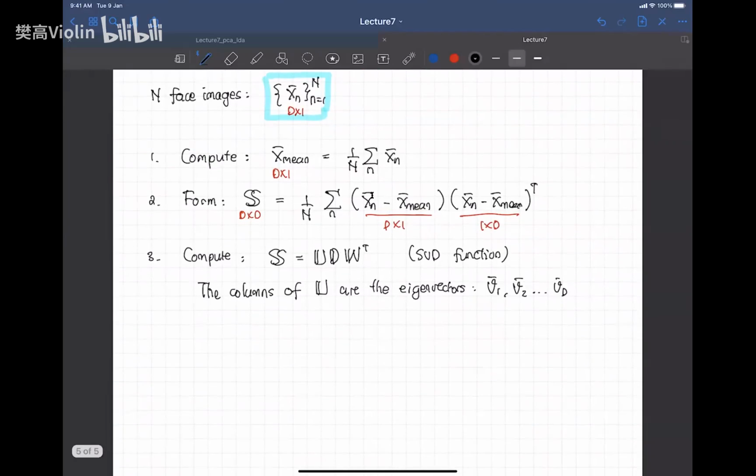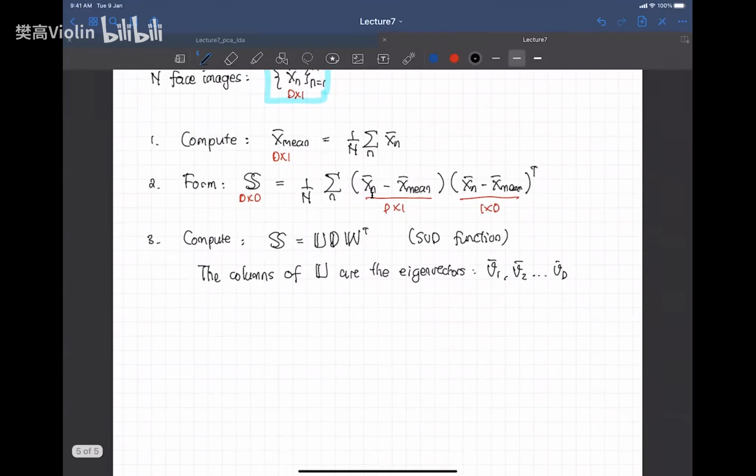Okay. So if not, then number 4, convert back. Convert back means that these are d by 1 vectors, so you cannot see them, because it's just one long vector. So you convert V1 back to an image.